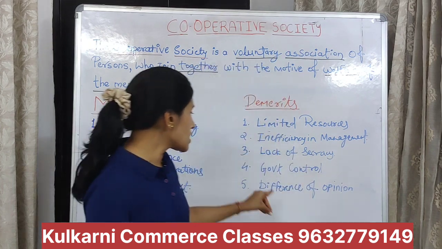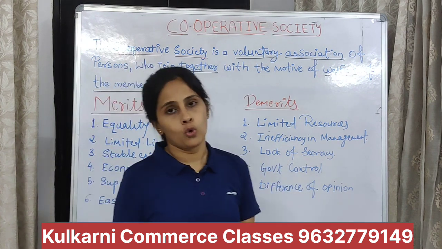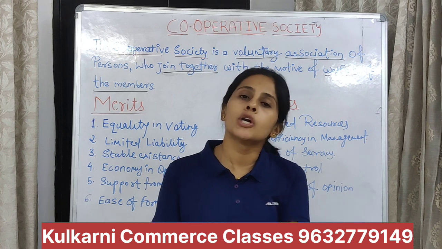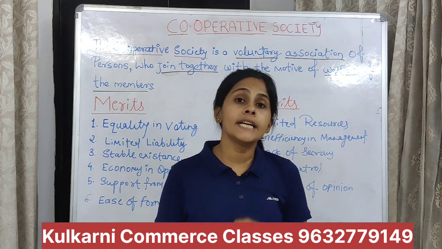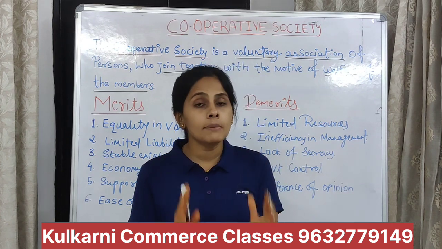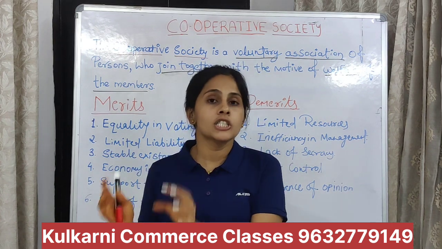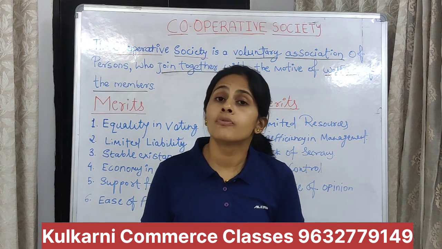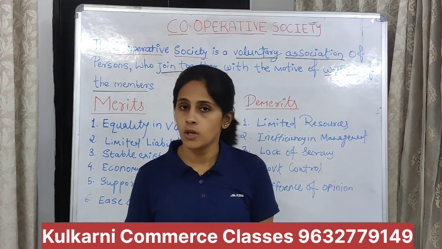Then the next point is government control. If the government is providing you incentives, it will control also. The government will interfere in decisions of the cooperative society. You have to write like this: government is interfering in decisions of the cooperative society. Why? Because they are providing support to you, they are helping you. Understood?